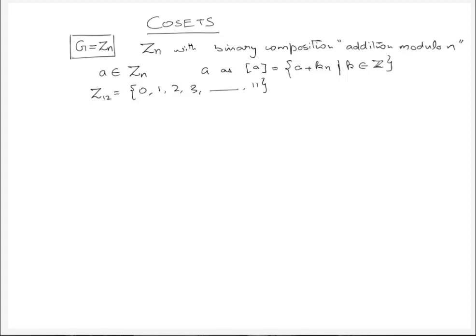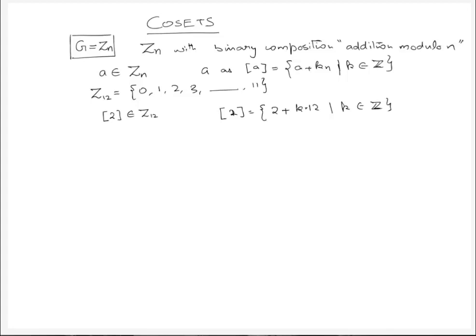I will write 2 belongs to Z12, whereas this square bracket symbol I will use for 2 plus some k times 12, where k belongs to the integers. What I mean to say is that Z12 contains the remainder of an integer whenever it is divided by 12.